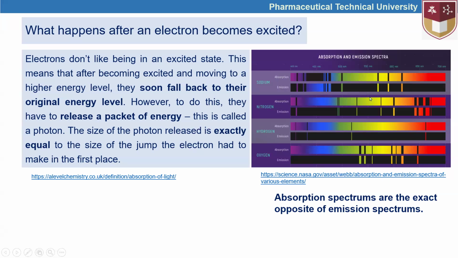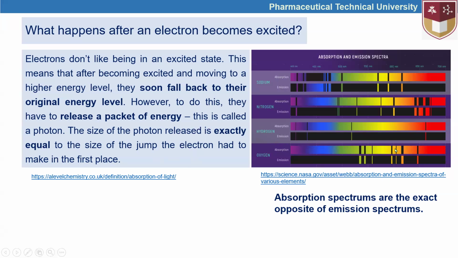And when those electrons are falling back to their ground state, they release the same spectrum of light, the same emission that they absorbed while they were jumping from the ground state to the excited state. So the meaning of the text is that the size of the photon released is exactly equal to the size of the jump the electrons had to make in the first place.